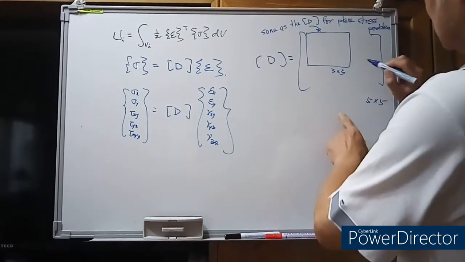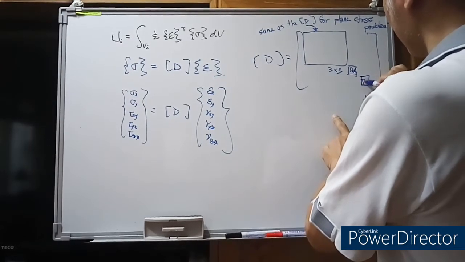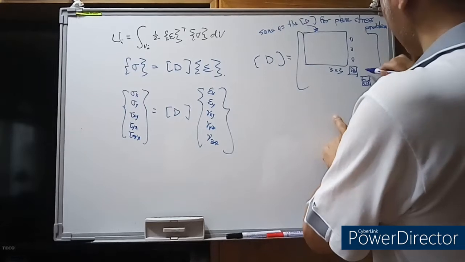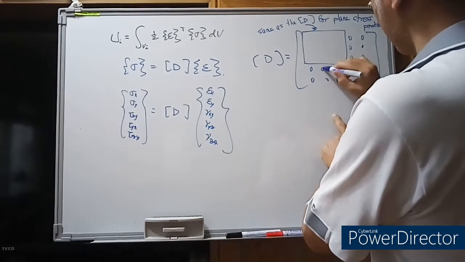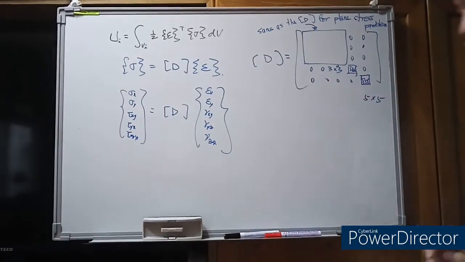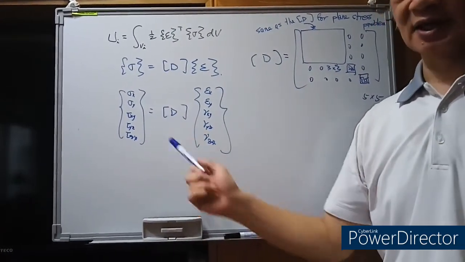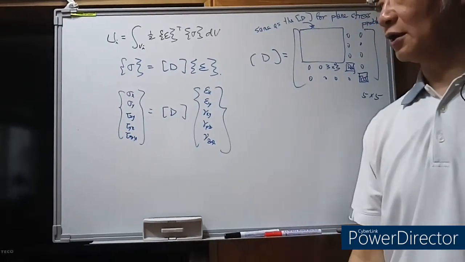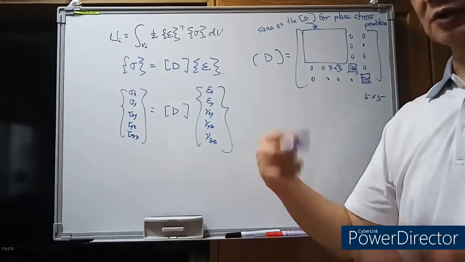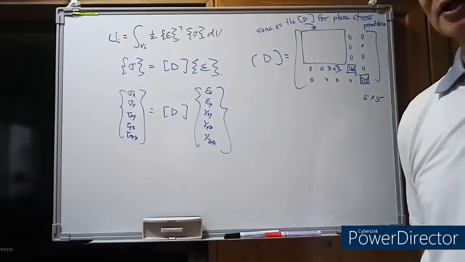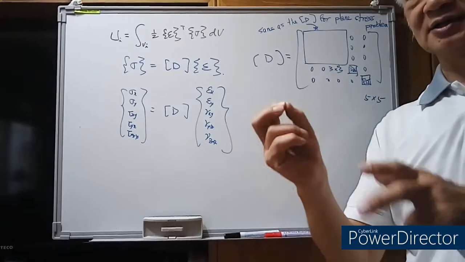And we have these two, D44 and D55, for the shear stress and the shear strain in the YZ direction and the ZX direction, the two vertical shear strains for the plate element. Since we calculate the strain energy, we need to integrate over almost all points inside the element.